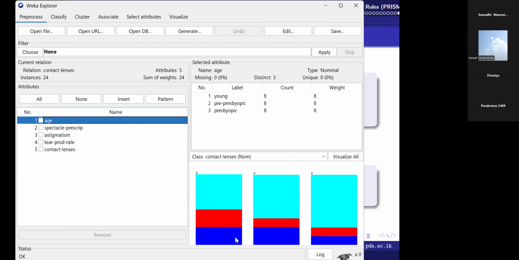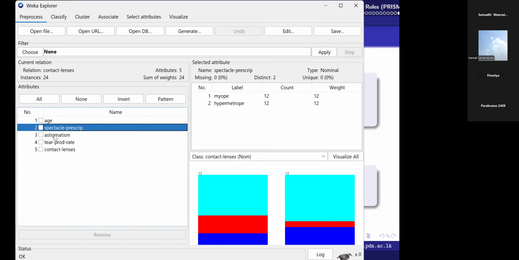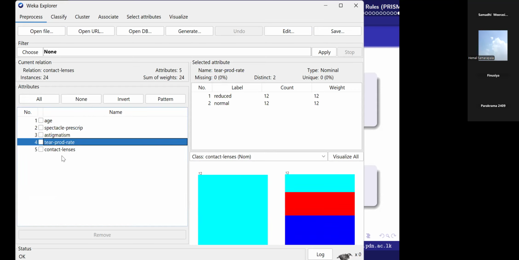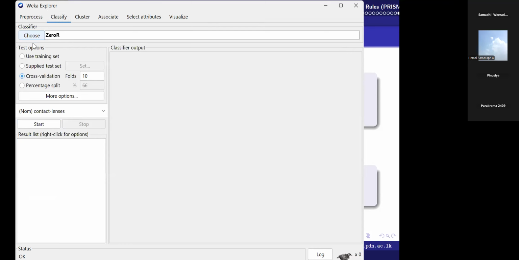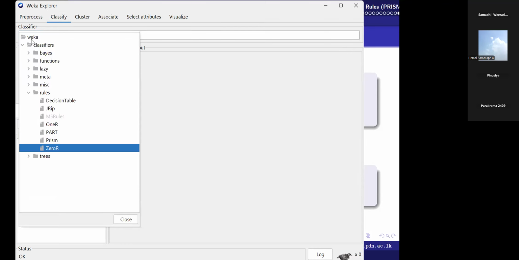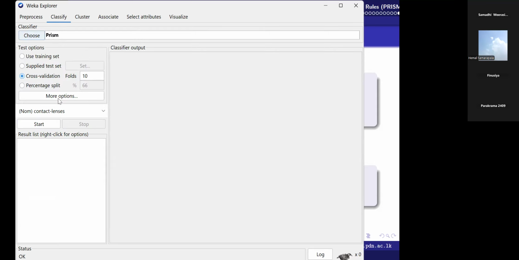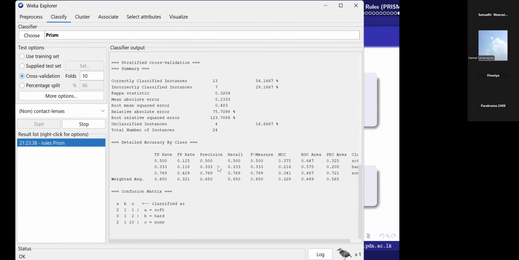And if you select age, this is how the data is distributed among the attribute values. Now I'm going to go to classify and choose rules. Under that, this is called Prism. So select Prism, and then I'm going to click start.